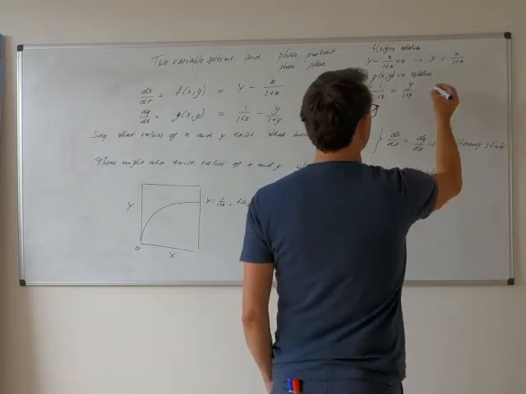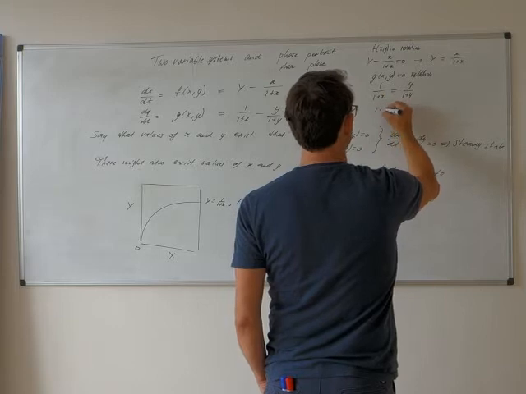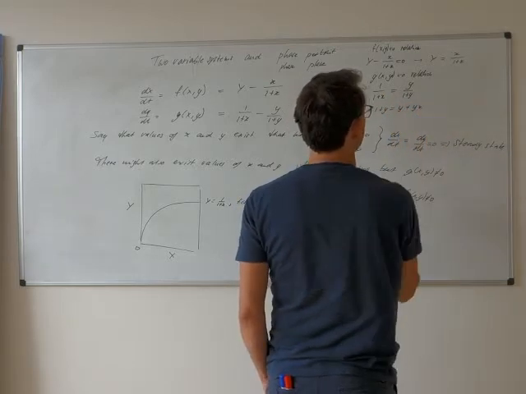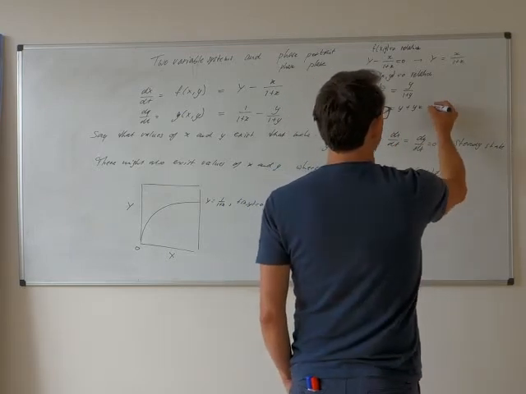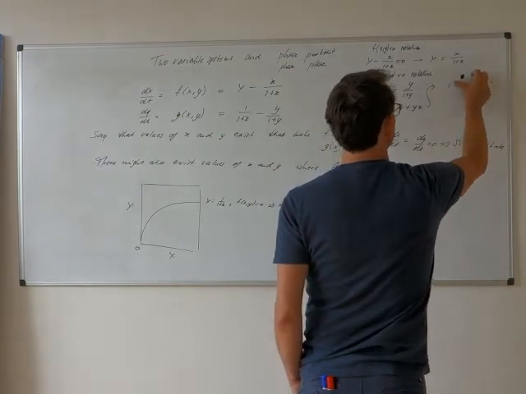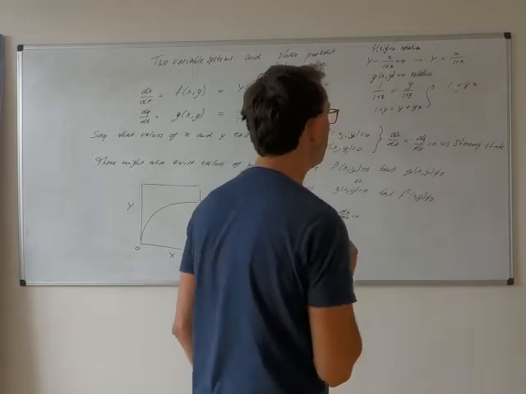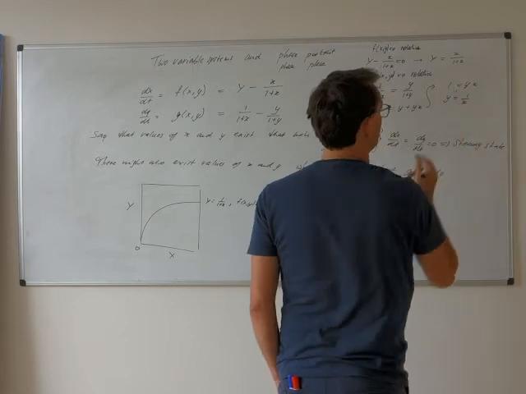And so we want to solve that, so that means that 1 plus y equals y times x. So that means that 1 equals y times x. So that means that y equals 1 over x.